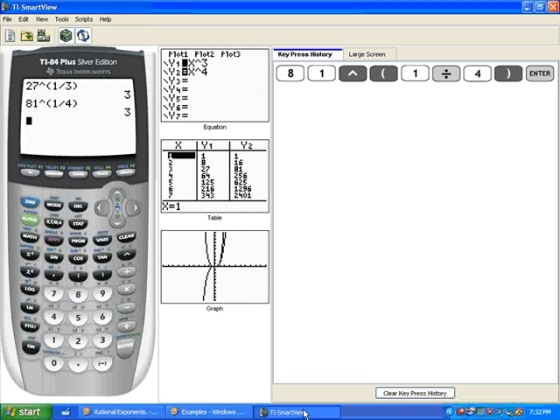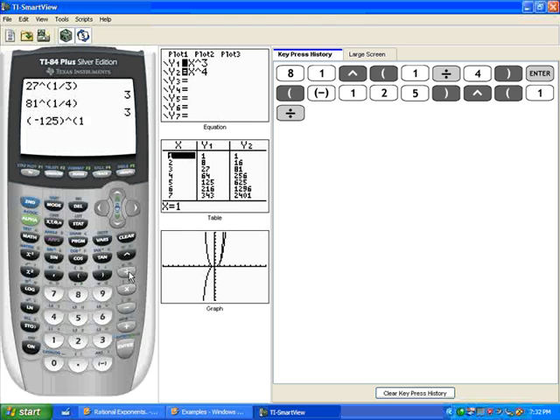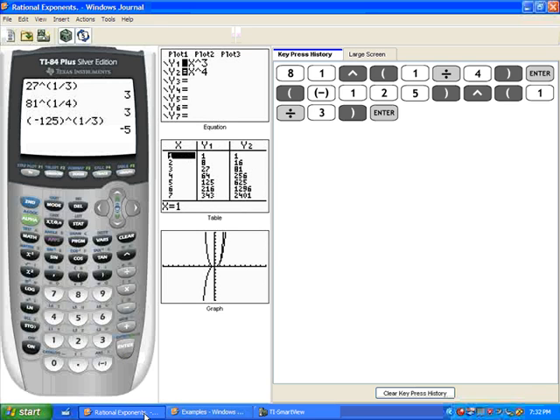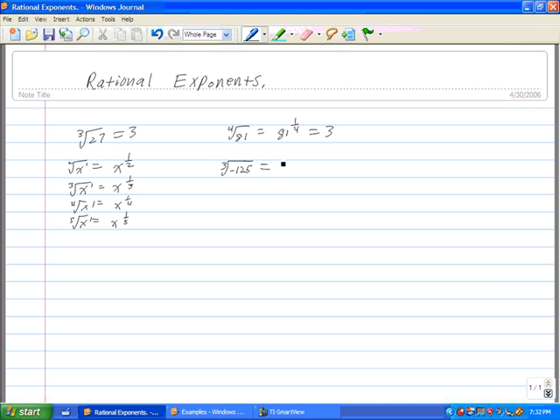I will take the negative 125 to the power. Again, for third root, we'll do the 1/3 power, and you get a negative 5 coming out. So that is, not only is it a real number, it's a nice rational real number.